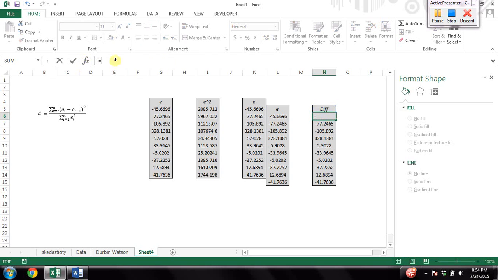So let's compute them. We have this minus that. This is what happens if you make an error. Okay, this is the wrong order, this minus that. Just drag it down. Now you may wonder why it seems like this is shifted.